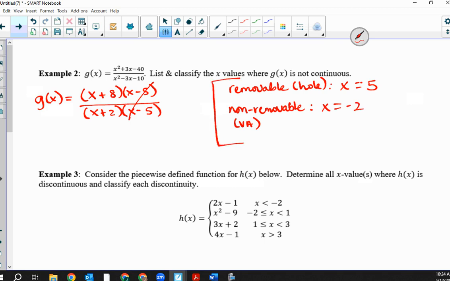Okay. So I'm not looking for crazy notation on these either. Just can you find those different points? Other non-removable is the point, right? There's no jump. Since this isn't piecewise, you're probably not going to have a jump. Okay. Now, example 3 is so much piecewise, probably a jump in there somewhere.